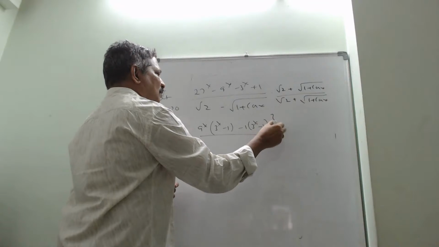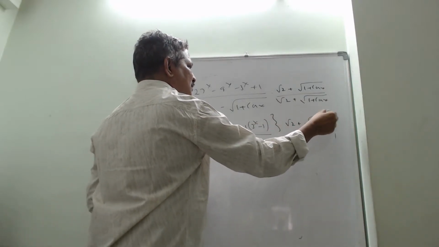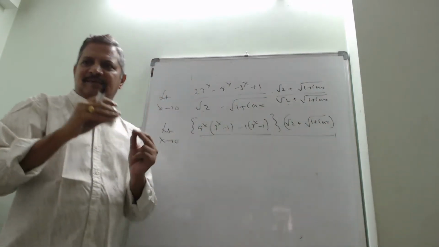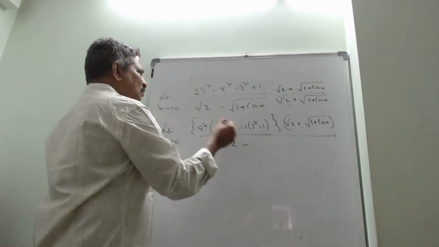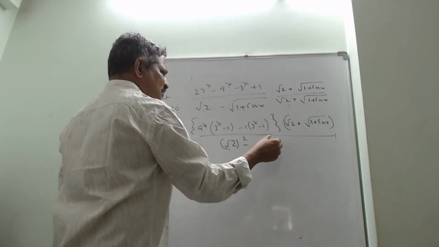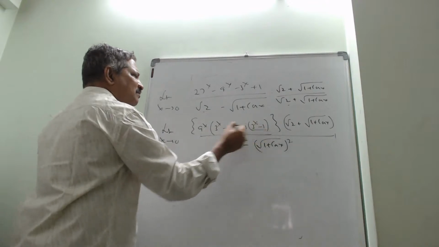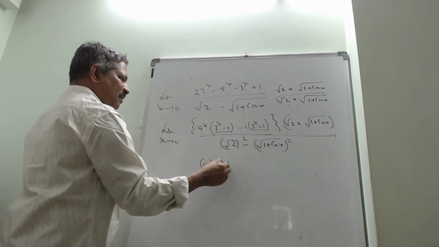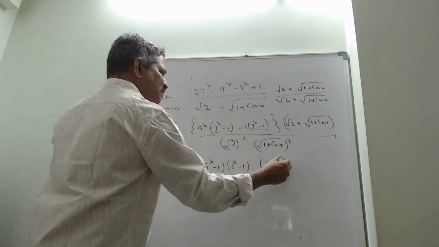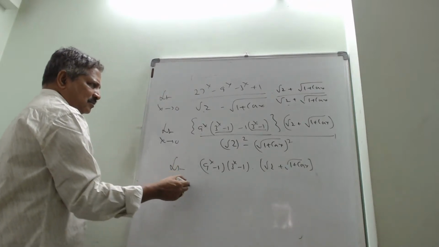Now, root 2 plus root 1 plus cos x. For the denominator, (a minus b) into (a plus b), that is, (√2)² minus (√(1 + cos x))². Next, numerator (9^x − 1)(3^x − 1) into (√2 + √(1 + cos x)), as x tends to 0.